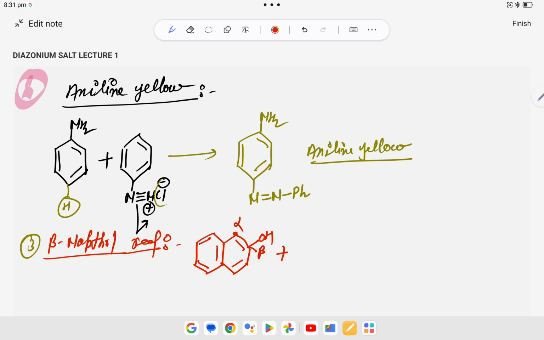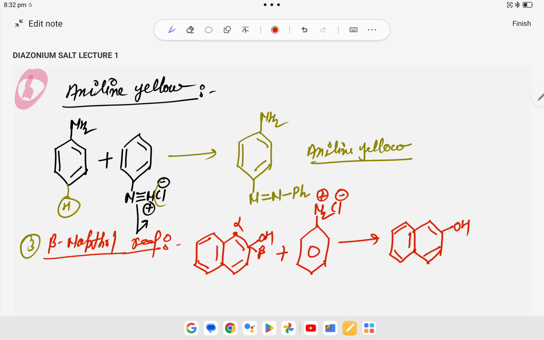Then diazonium, same like here, beta position, and here phenyl. So that is beta naphthol red color dye is formed.